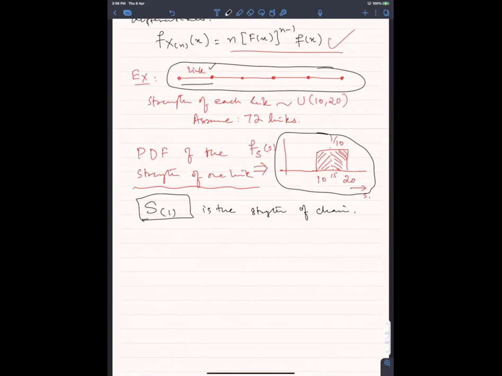What I'm saying is that S1 is the strength of the chain, where S1 is the min of S1, S2, up to Sn, or taken up to 72.